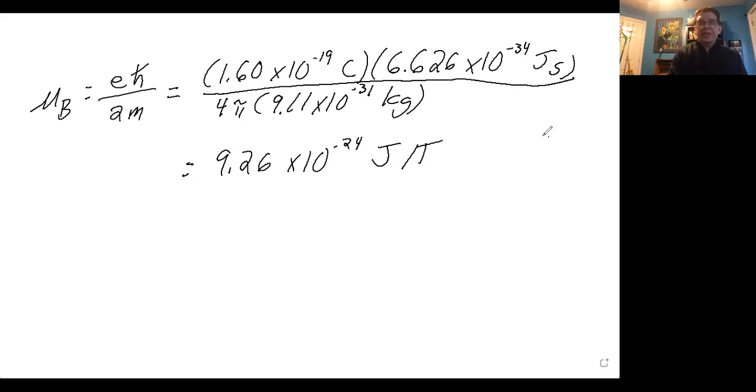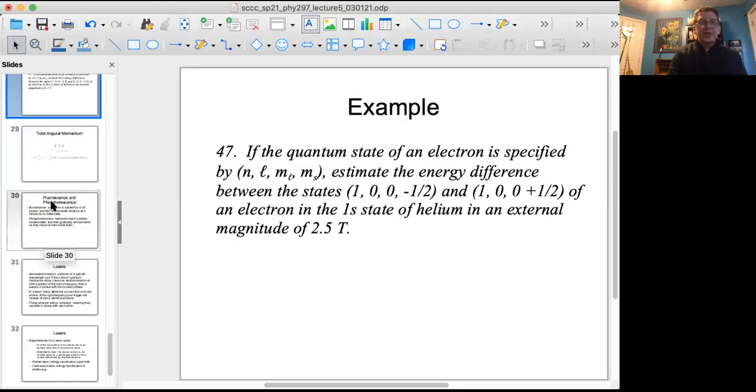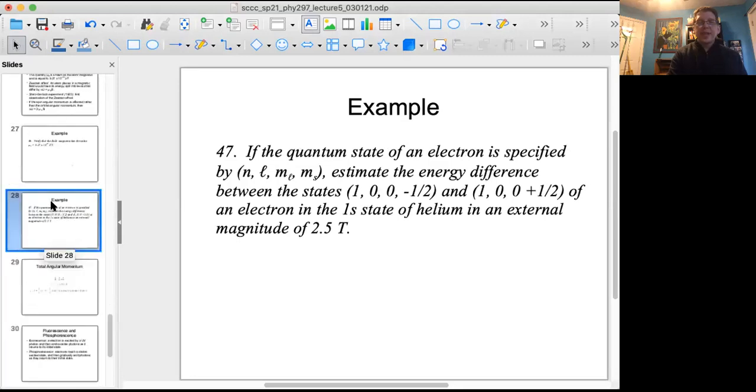All right, so moving to another example. If the quantum state of an electron is specified by these four quantum numbers, n, l, m sub l, and m sub s, estimate the energy difference between these states, so 1 0 0 negative 1/2 and 1 0 0 positive 1/2, of an electron in the 1s state of helium in an external magnetic field of 2.5 Tesla.